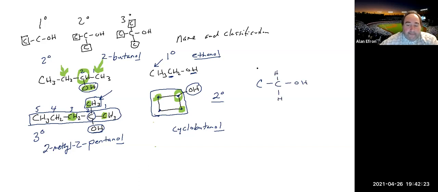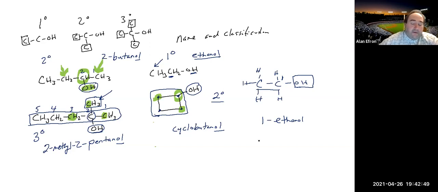If we were to go through the process of naming and also applying a number, which is not necessary in this case, we would go with the 2 carbons, which means it's ethanol. And if we did give the location, we would number this carbon number 1, and this technically would be 1-ethanol if we included the number.